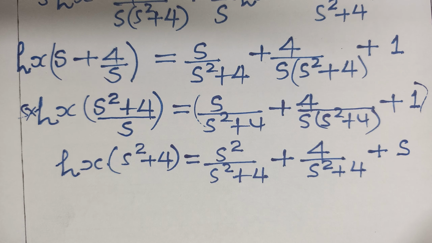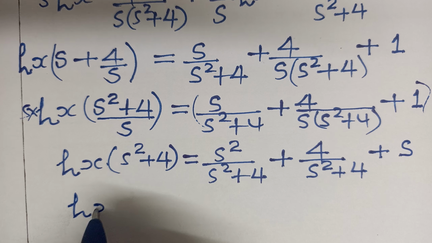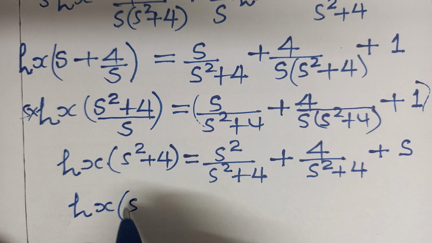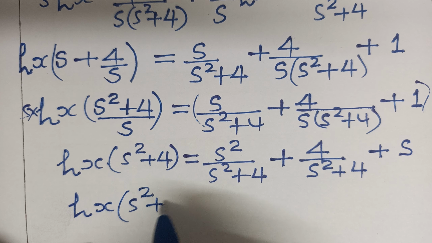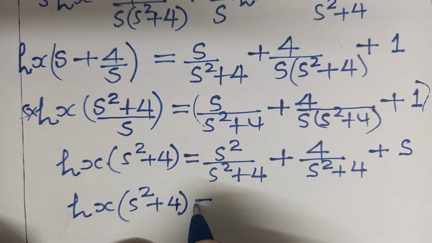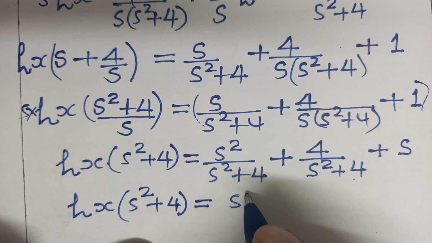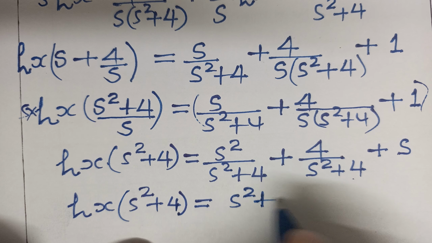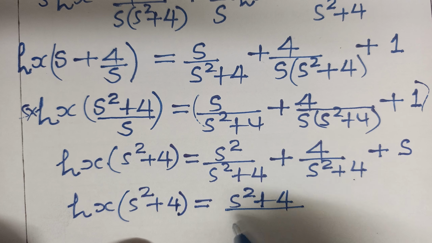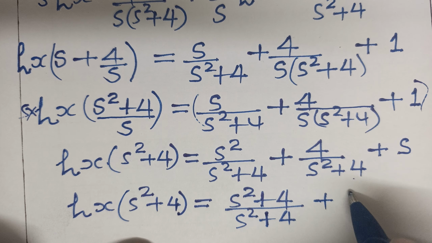From there we can say Laplace transform of x times s squared plus 4 is equal to, since these have the same denominator, we can add them. This one comes to s squared plus 4 all over s squared plus 4, now plus s.